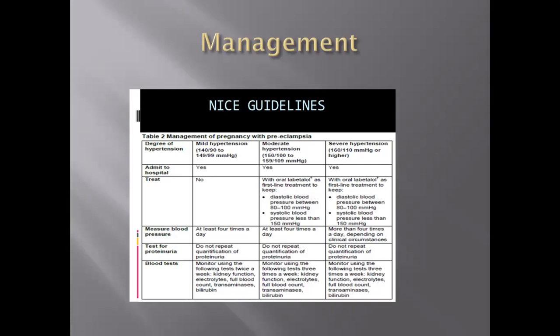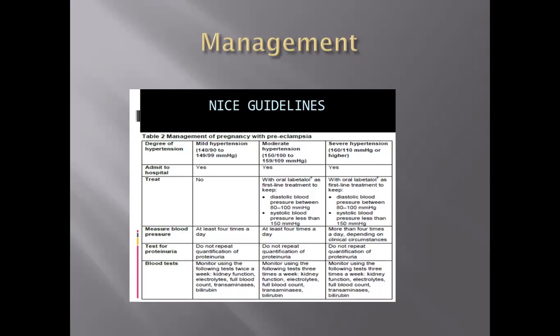Same is the case for severe hypertension. Blood pressure should be controlled with labetalol, and the aim is to keep diastolic and systolic at the same range. In case of moderate hypertension, the blood pressure should be checked at least 4 times a day. However, in case of severe hypertension, it should be checked more frequently depending on the clinical circumstances.